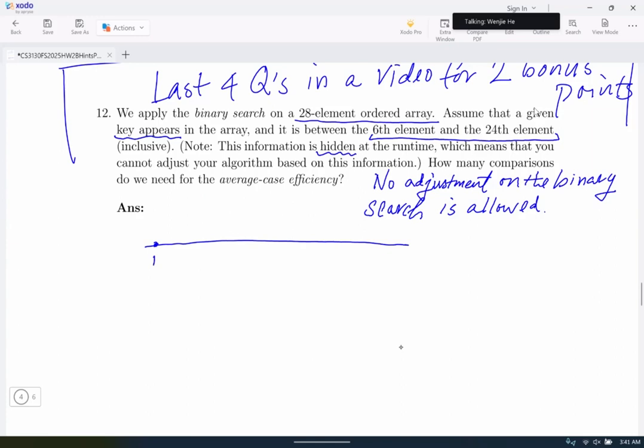You need to use all the elements in this array.